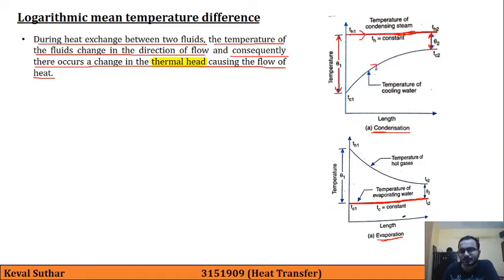That's why the thermal head keeps on reducing, and the same is applicable over here also, that thermal head here is theta 1, and here the thermal head at the exit is theta 2, and it keeps on decreasing as it passes through the heat exchanger.